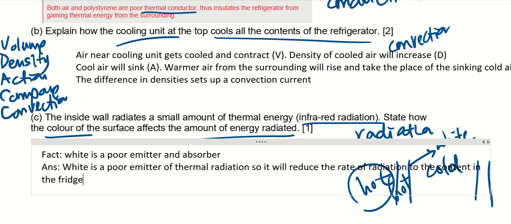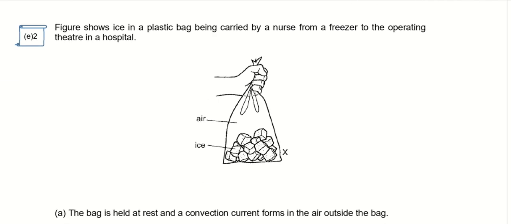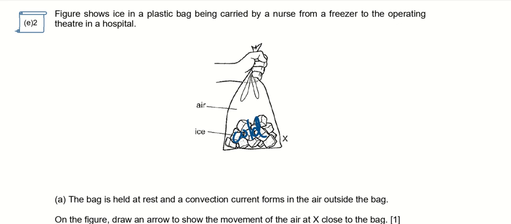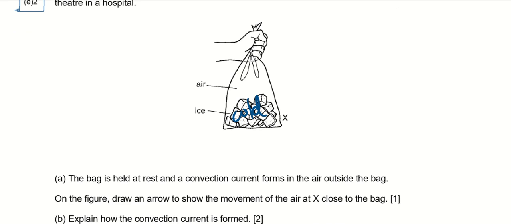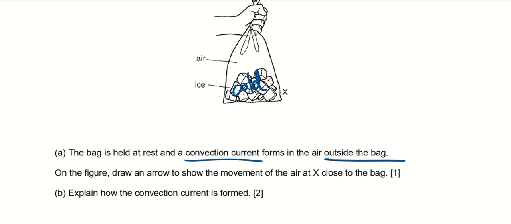Okay, let's go to E2. The E2 figure shows ice in a plastic bag being carried by a nurse. So ice is definitely cold. It is carried from a freezer to the operating theater in a hospital. The bag is held at rest and a convection current forms in the air outside the bag. They want us to draw an arrow to show the movement of the air at X close to the bag. At X, the air is cold.